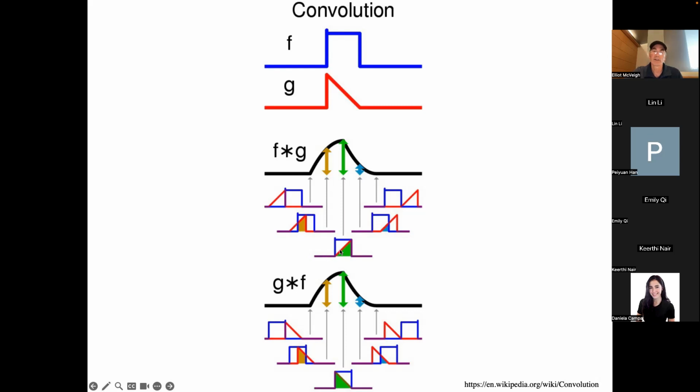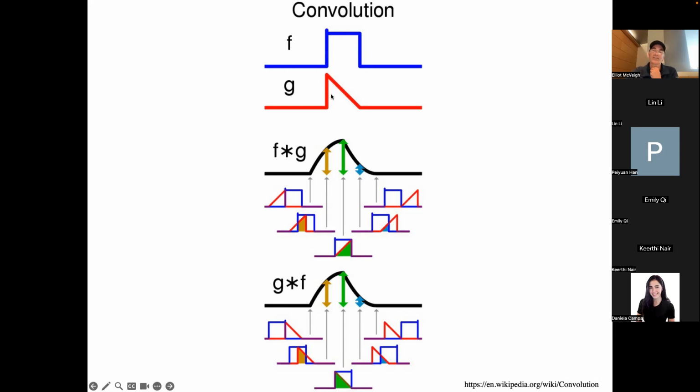And then here, when g is shifted such that they're kind of aligned at 0, the product of the two is this area. And then as g keeps moving, the product of the two becomes a smaller overlap area. So I start with a rectangle function. When I convolve that function with g, I have this kind of charge up, decay down function, right?